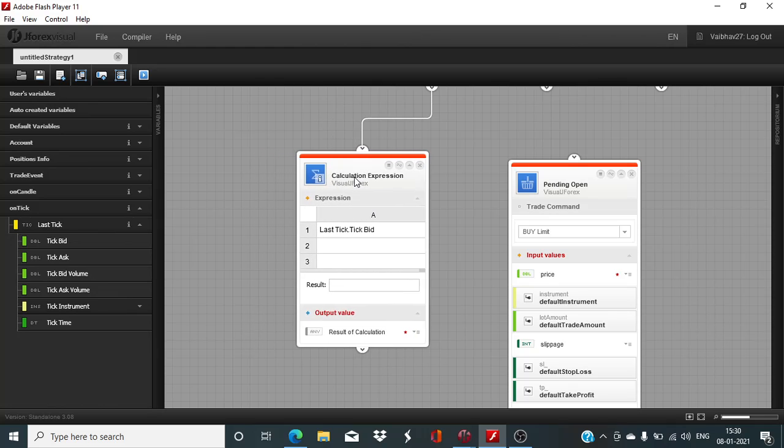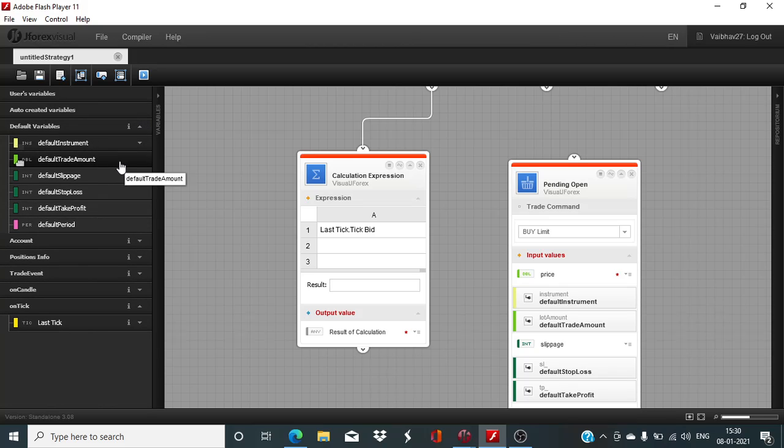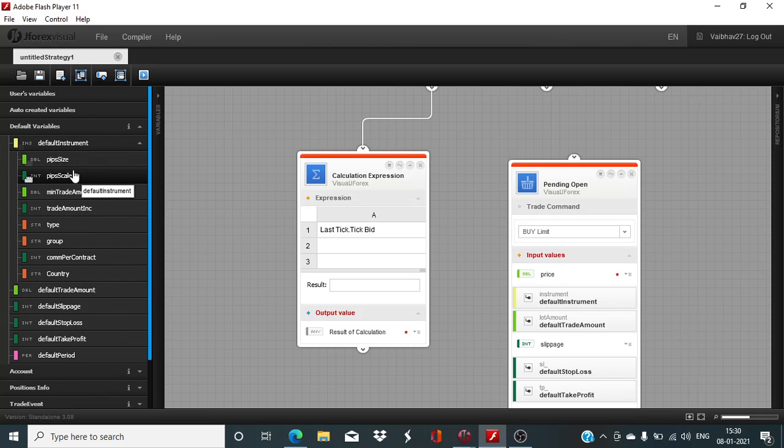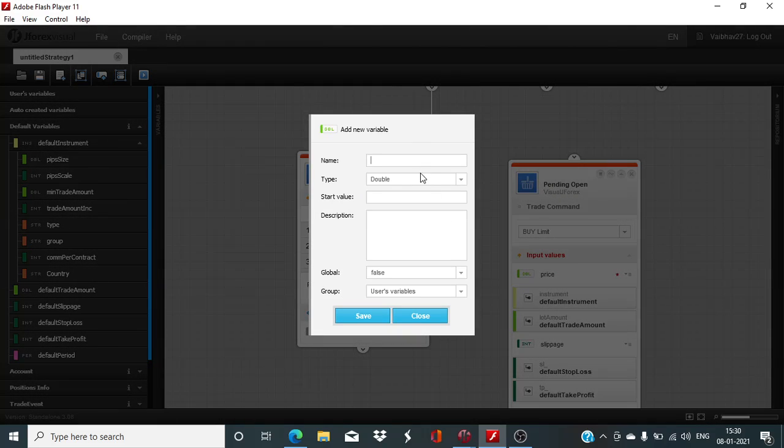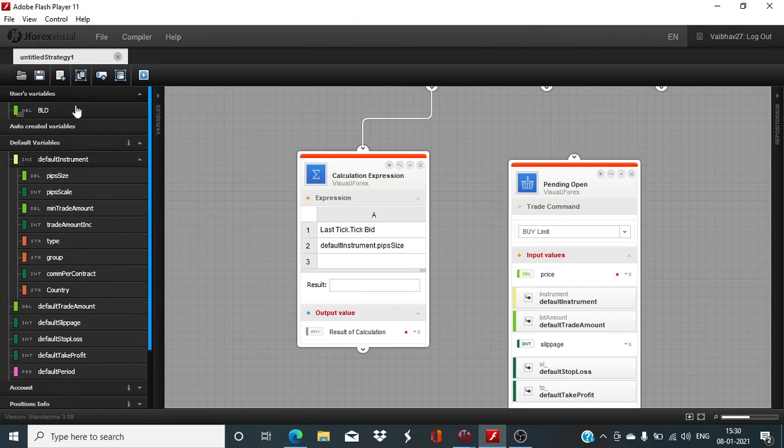Then all we have to do is take the pip size, default instrument pip size, okay, and define another variable. We will name it buy limit difference, okay, and it is going to be 10 pips. We have this.